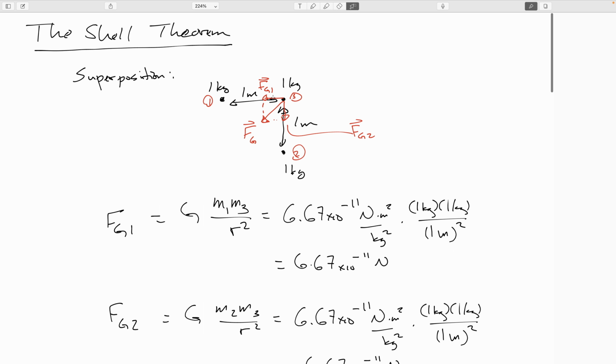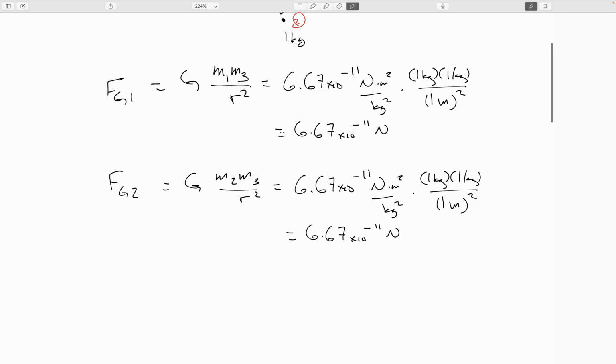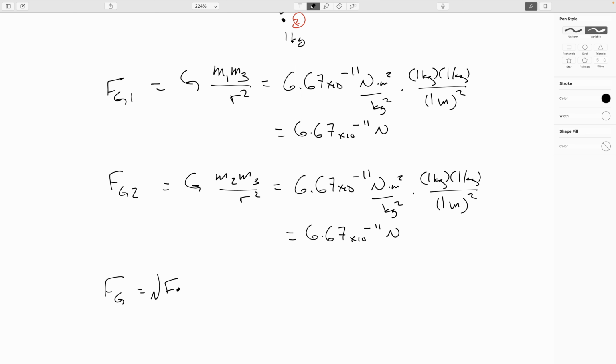Now, conveniently, I rigged this up so these were perpendicular. So we can just use the Pythagorean theorem in this case to get our total gravitational force. So Fg would be the square root of Fg1 squared plus Fg2 squared.